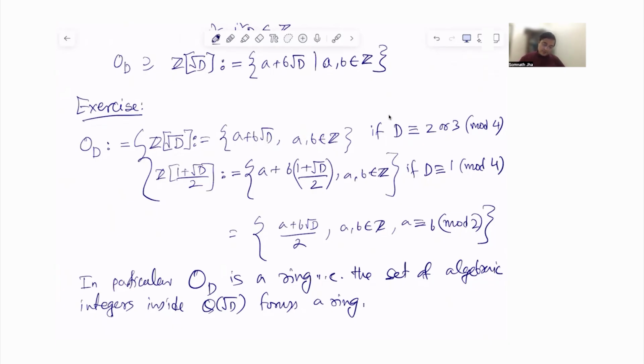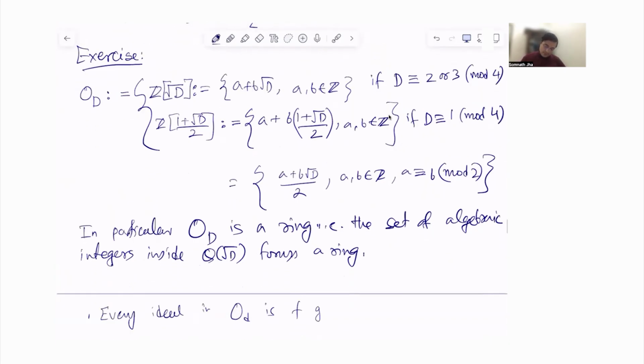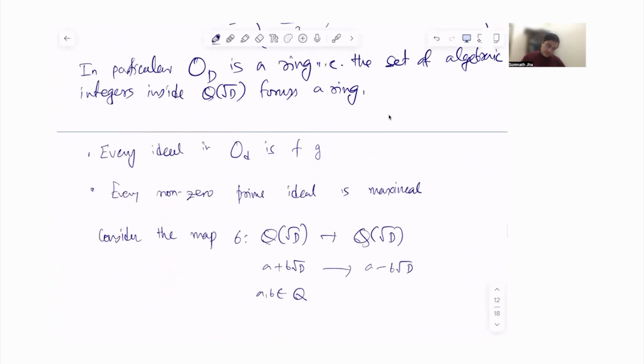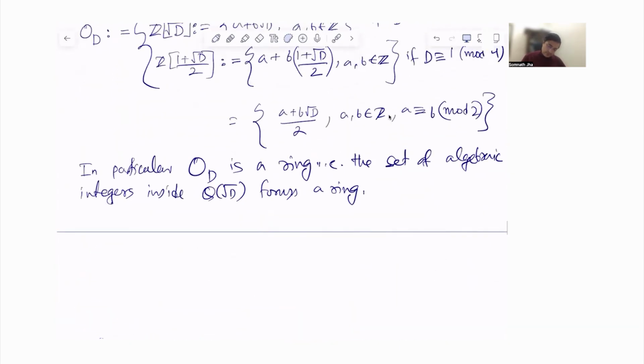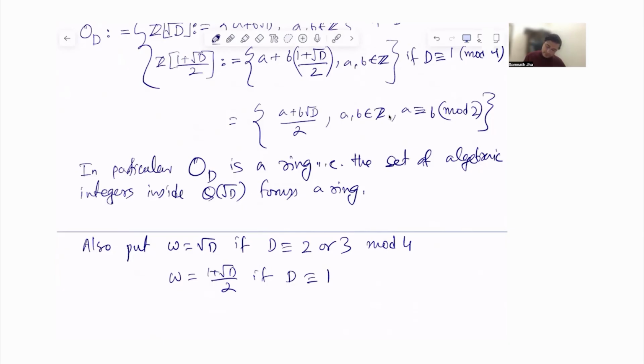So if alpha satisfies a monic polynomial with integer coefficients, and if beta satisfies a monic polynomial with integer coefficients, it's not clear why alpha plus beta and alpha times beta will satisfy a monic polynomial with integer coefficients. So this is not obvious. We'll discuss these things later, but you also put omega equal to √D if D is congruent to 2 or 3 mod 4, and it is equal to (1+√D)/2 if D is congruent to 1 mod 4.